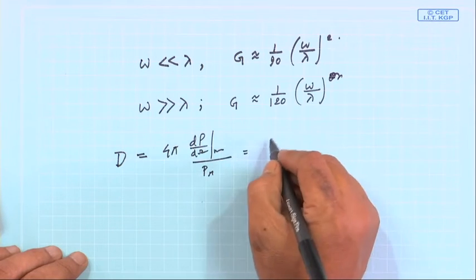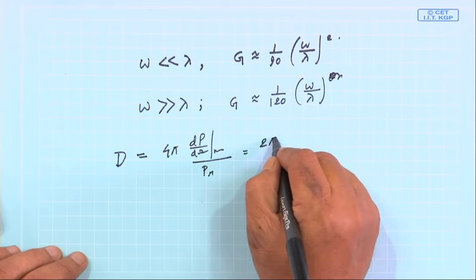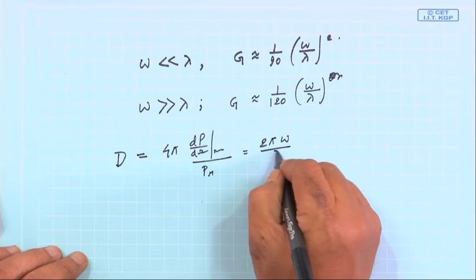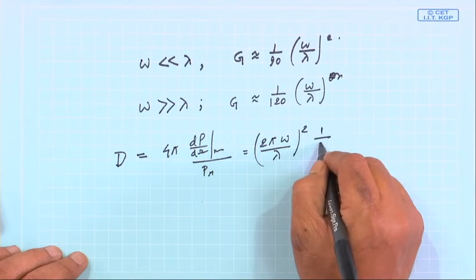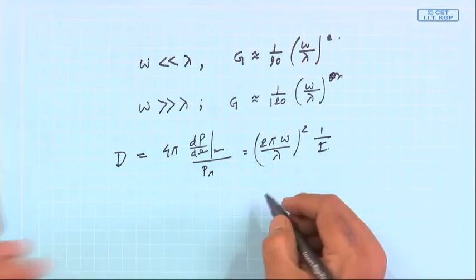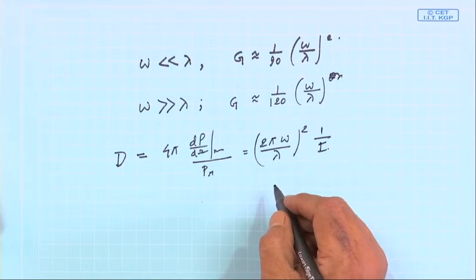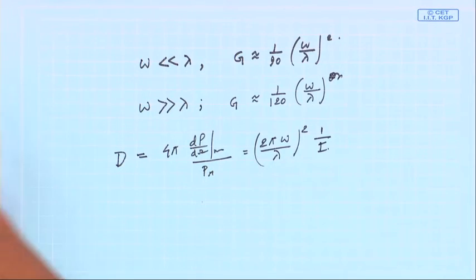So, by that people have found 2 pi W by lambda square into 1 by I, where I is a quantity defined by some integration.